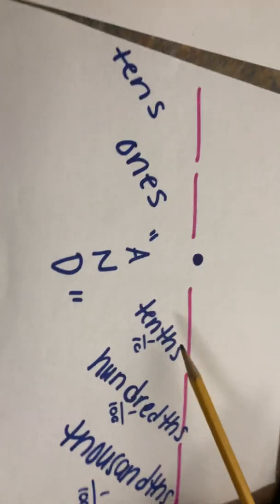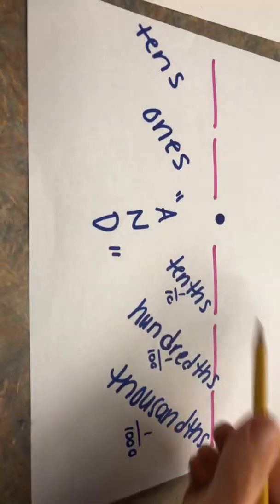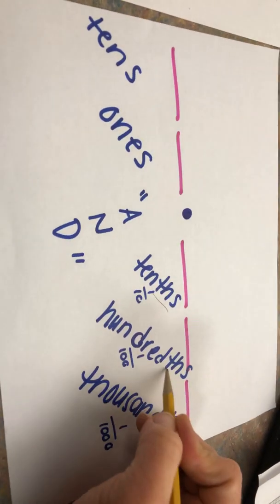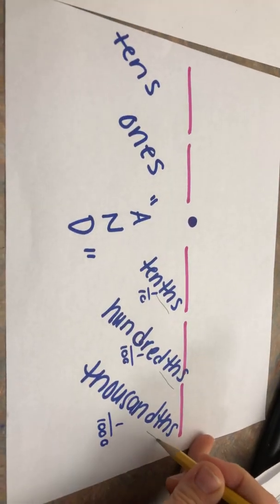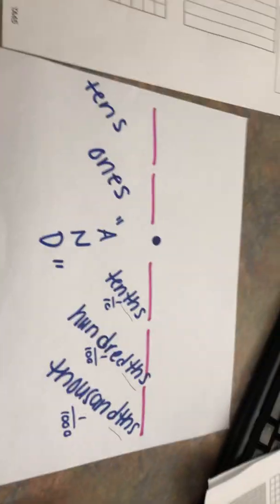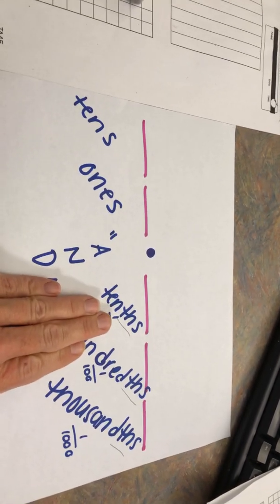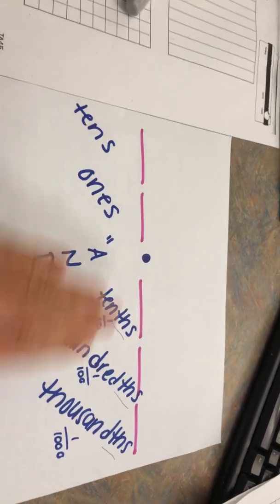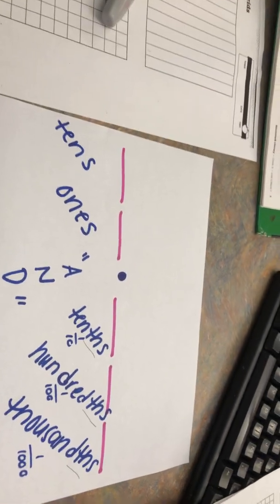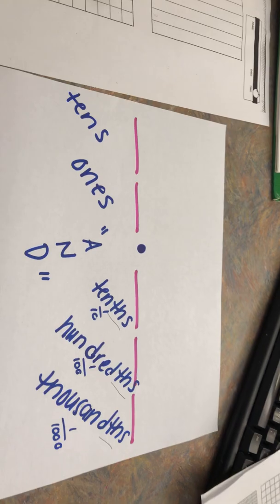We have tenths, hundredths, and thousandths. Remember, all of our decimal place values end with a THS. So don't confuse the tens with the tenths or the hundreds with the hundredths or the thousands with the thousandths.